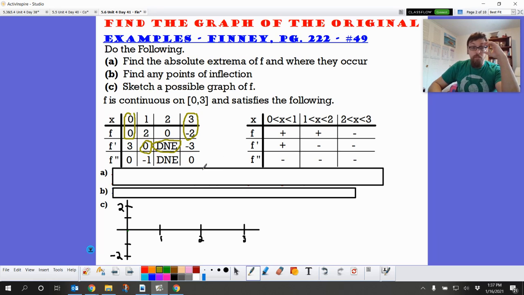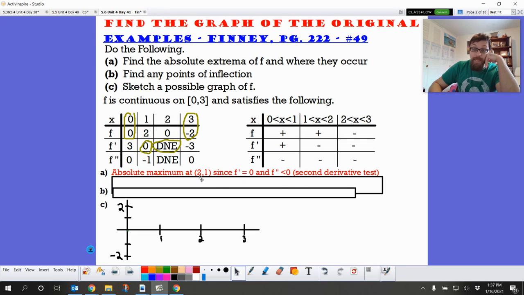So if we look at all of these, we've got a 0 right here. We could also use the second derivative test to know that this is a maximum for this one. And if we look at all of these numbers here, 2 is our largest number. So we do have an absolute maximum at (2, 1).